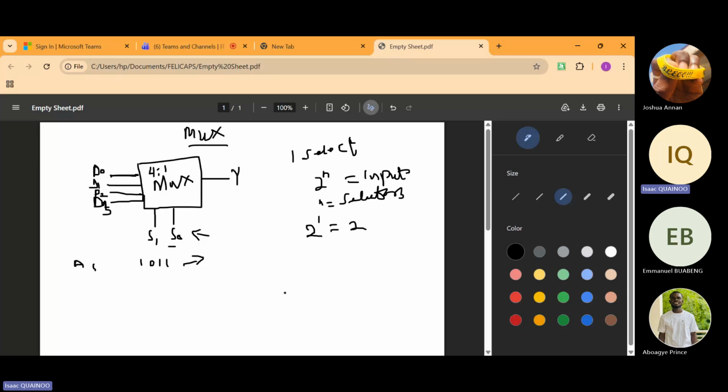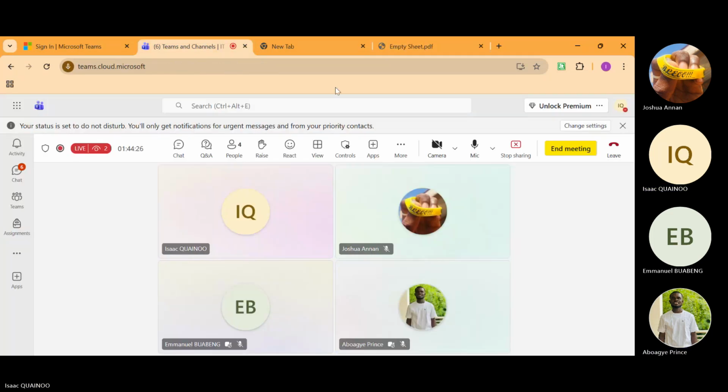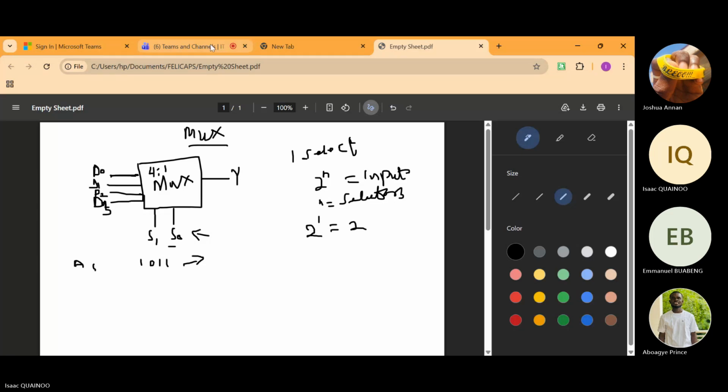Or how many select lines are we going to have for that particular multiplexer? Please, can someone help us with an answer? 2. Yes, 2.